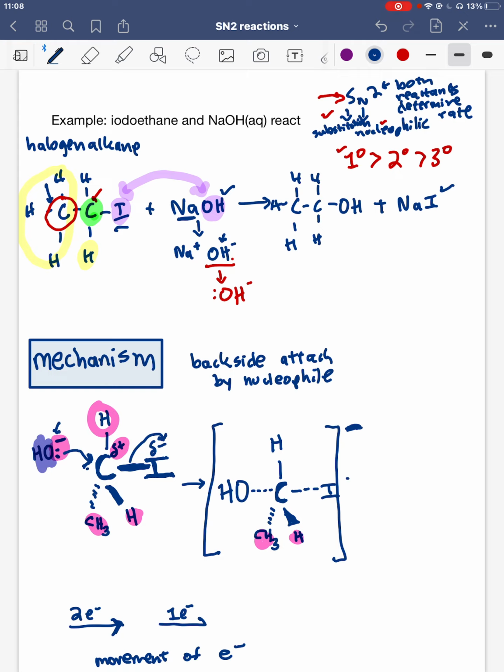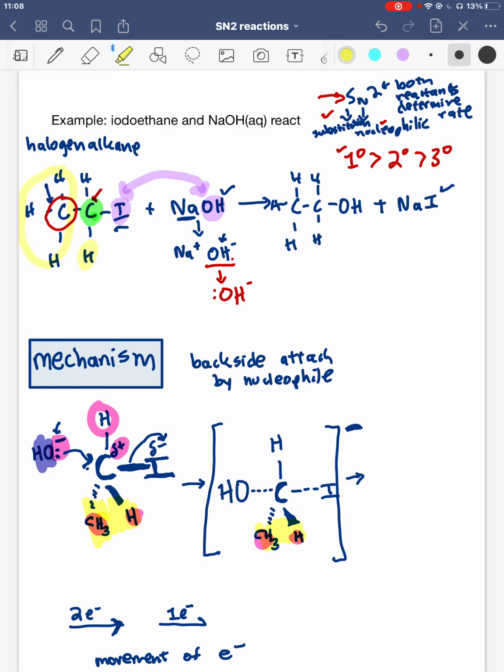All right, almost there. Let's go ahead, form our product. So notice where the things attached to the carbon go. We have carbon and hydrogen that are attached to the carbon that we're interested in. In the transition state, they're just kind of staying attached.